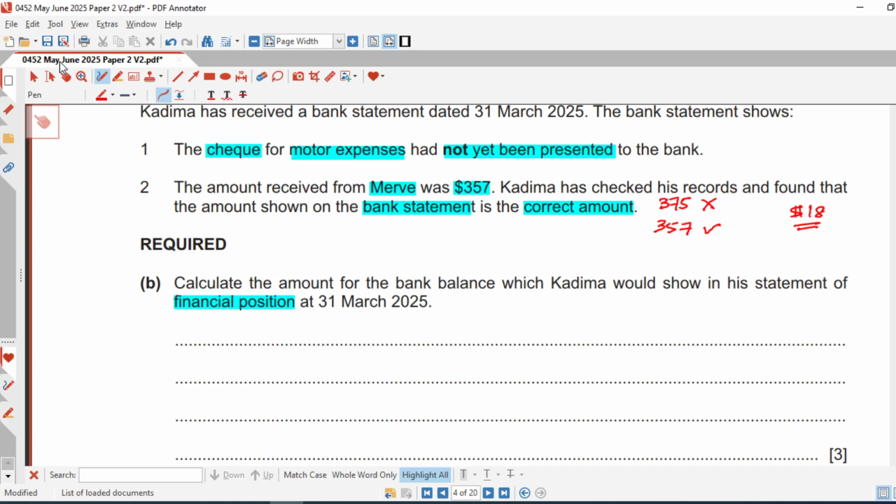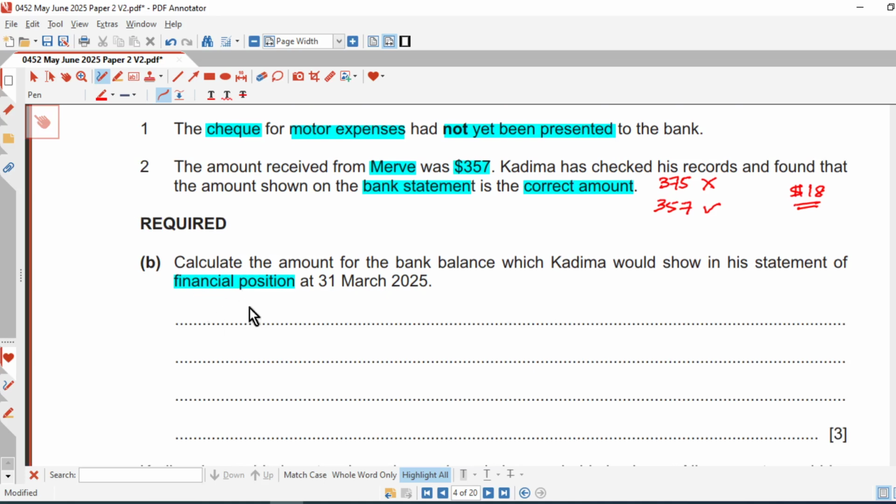But in reality, has the payment gone out? Yes, right? We have issued a check. So from the accountant's or from the bookkeeper's point of view, we need to account for this check. So that being said, there will be no adjustment required for the first transaction.